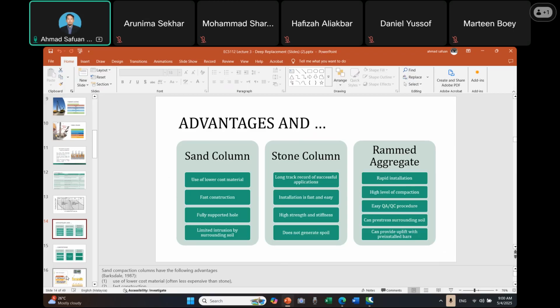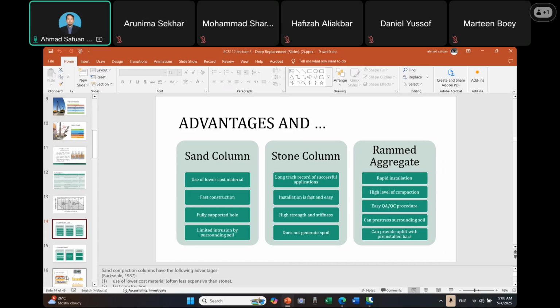Then we have a stone column: long track record of successful applications, installation is fast and easy, high strength and stiffness, and does not generate spoil.